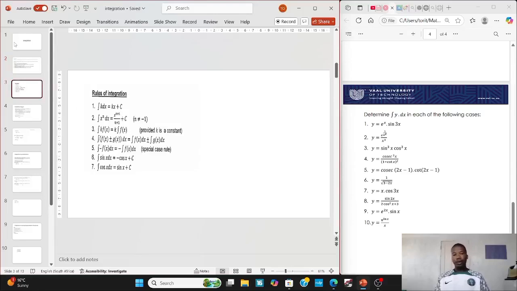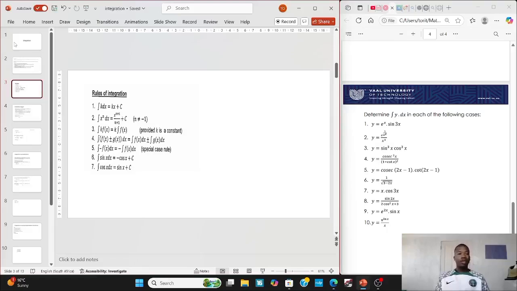The first rule says the integral of k dx, where k is a constant. If you have a constant value, then you add the value of x beside it, right?